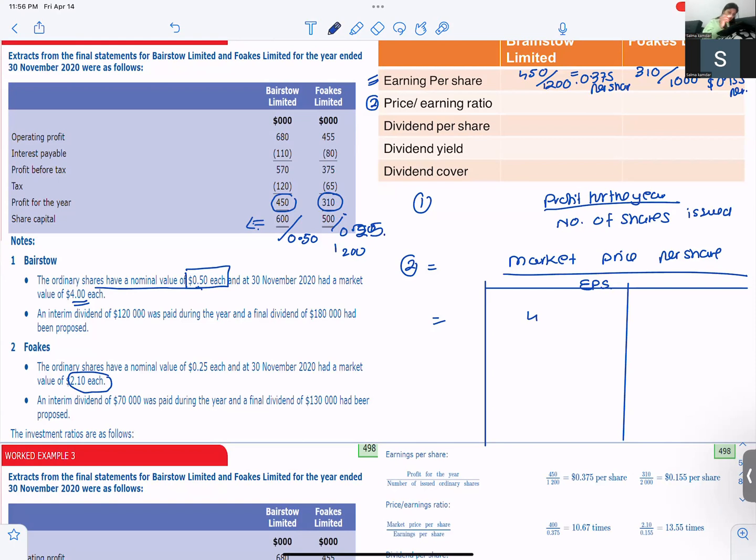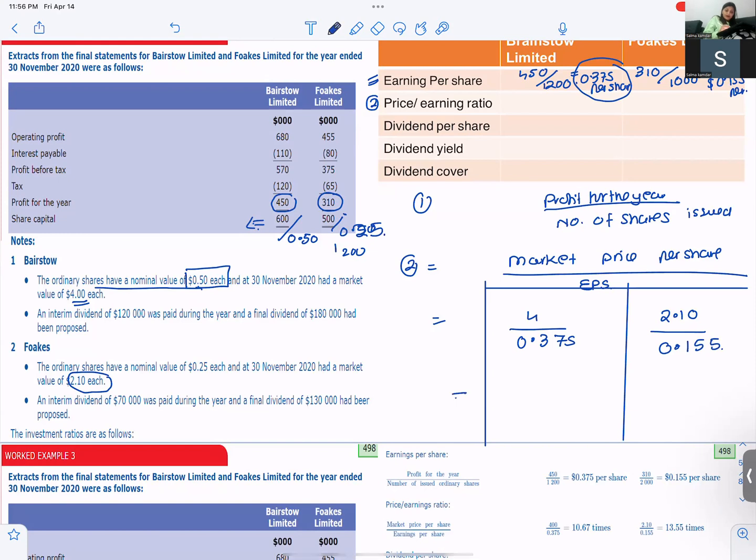Divided by the earning per share: for Grain Straw it is 0.375, and for Folks, it is 0.155.